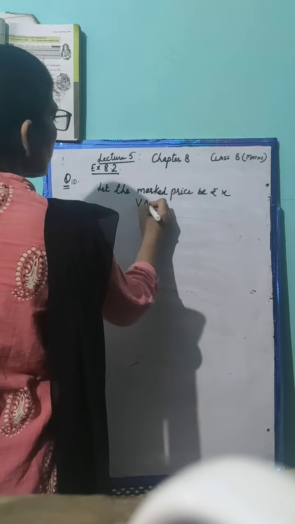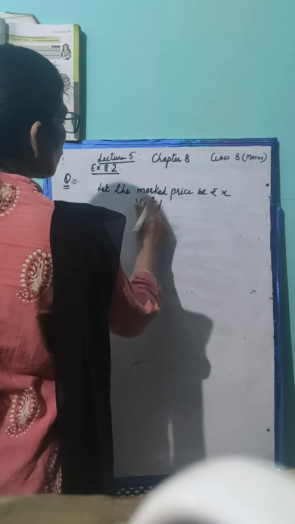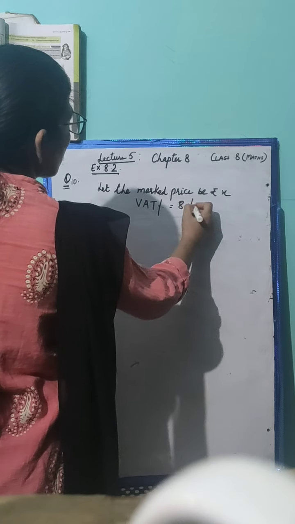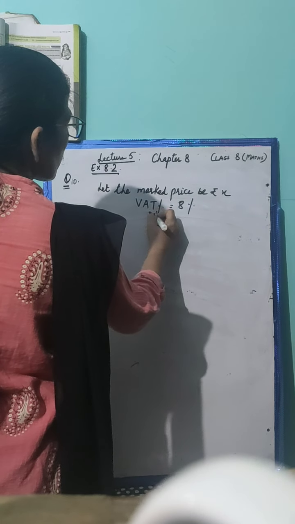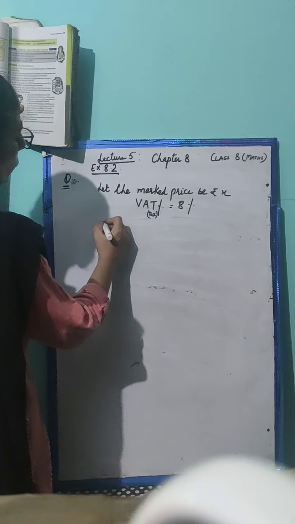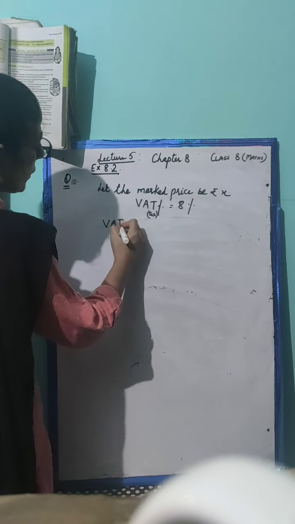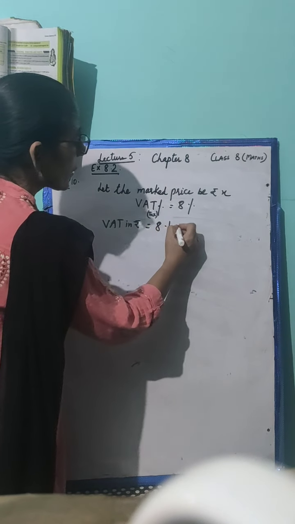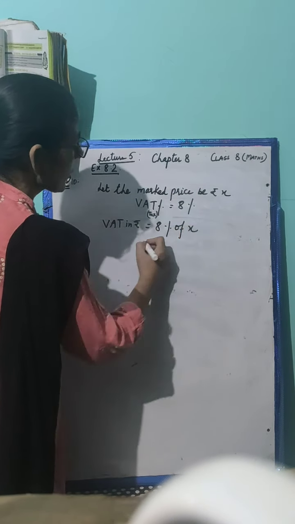And VAT percentage, that is value added tax, VAT percentage, because it is tax, so it has to be added. तो 8%. तो VAT in rupees is equal to 8% of x.